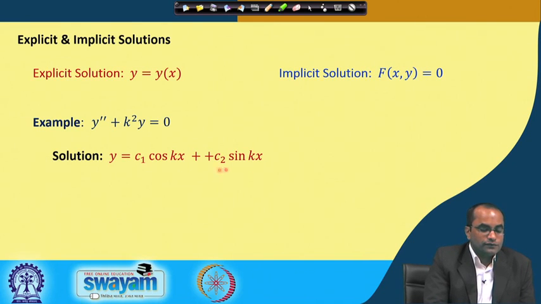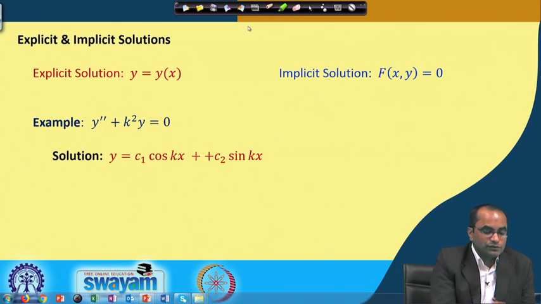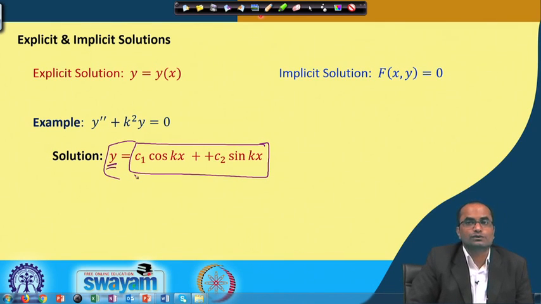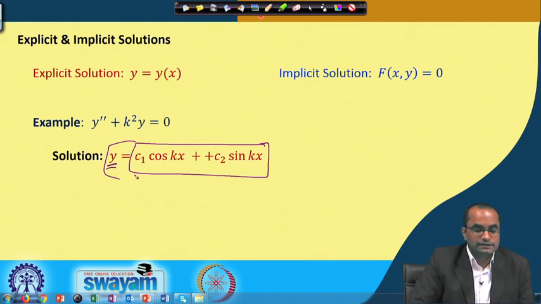But what else do we observe here? That this is the explicit solution, because this y is given in terms of x. So, the right hand side here is a function of x. So, this is an explicit solution, where y is stated in terms of x.